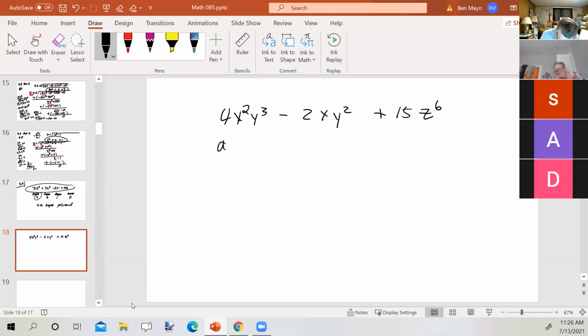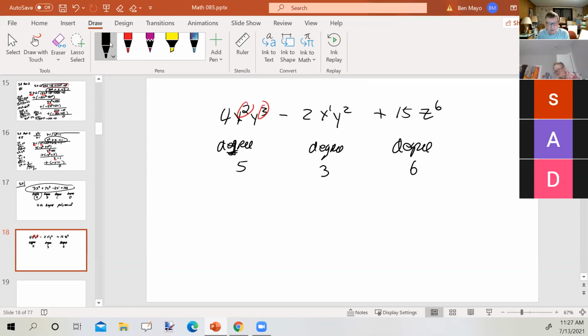The degree of the first term would be 5 because we've got 2 plus 3. Okay? The degree of the second term, my G looks like a J, would be what? 1, 2, 3. And the degree of the third term would be 6.